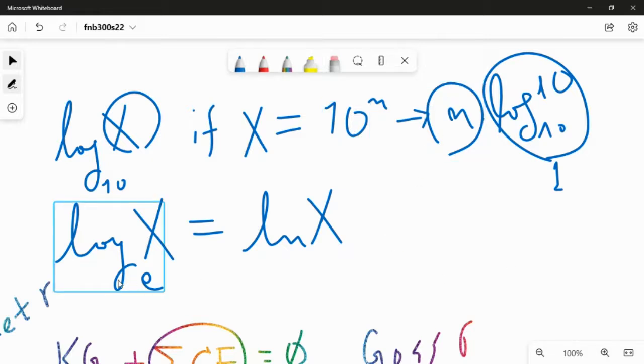But if you take the natural log, in other words, taking the log of any number to the base e, then we can take the log of any number, and it's continuous. Euler's number e is a continuous number, which is based on a very, very small change, like a change between 0.000000000000 infinitely close to 0 and 1.